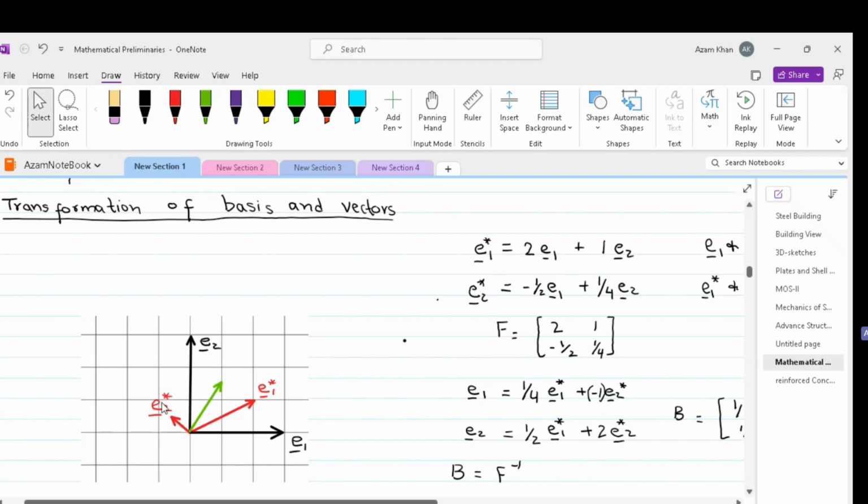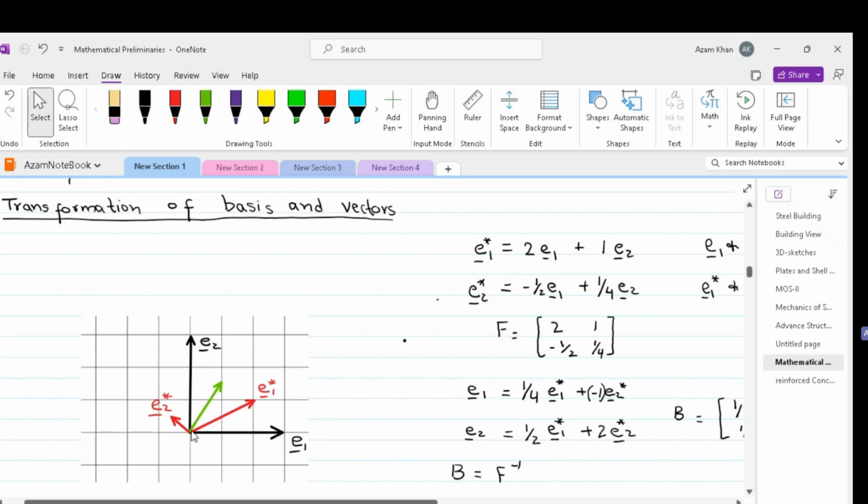We will call the Ei star basis the new basis and the Ei basis the old basis. When we say Ei star, we mean the E1 star, E2 star basis. And when we say Ei basis, that is our orthogonal basis, which is E1, E2. Just for understanding, we are trying to deal with a 2D space.